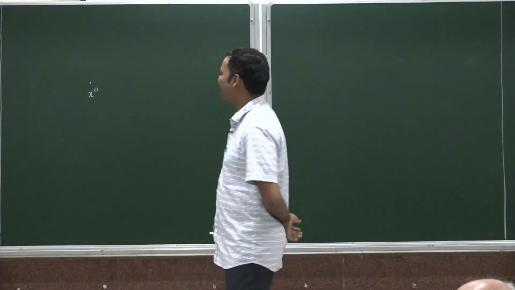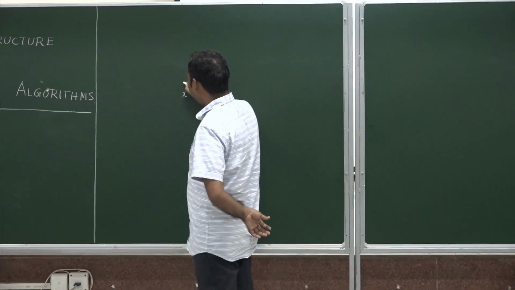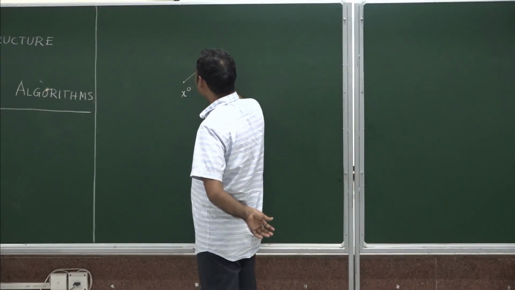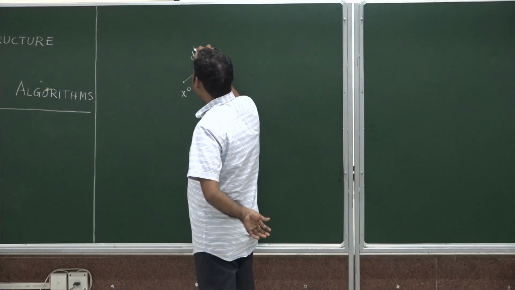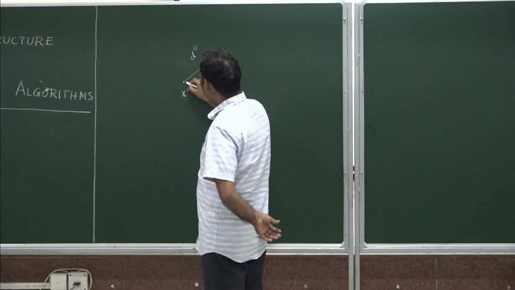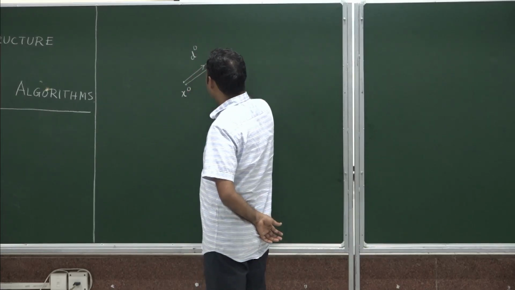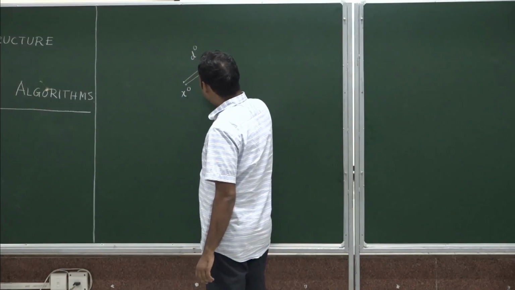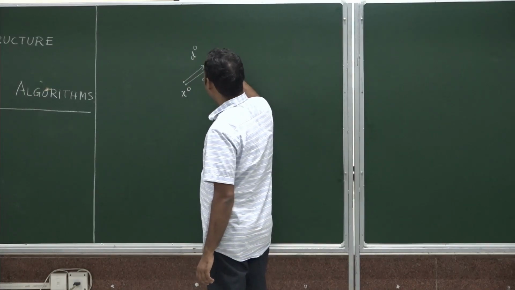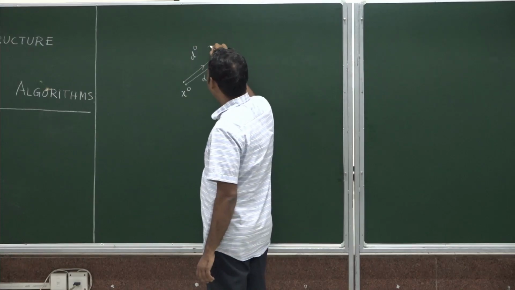We start and then we move along a descent direction, d0, and along the direction we take a step length of some amount, let's suppose alpha 0, and then we reach the next iterative point x1.